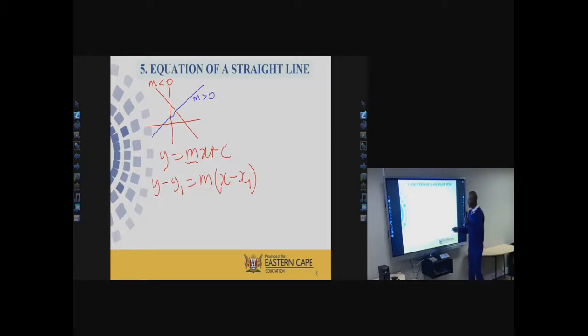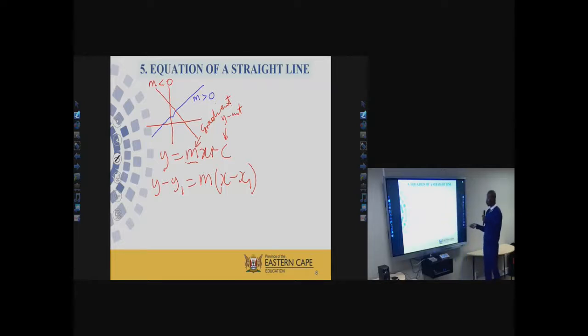So basically, you must think of these two formulae. Now c, what is c? c is the y-intercept. What is m? m is the gradient. Which means if you know the y-intercept and you know the gradient, you can easily use this formula.